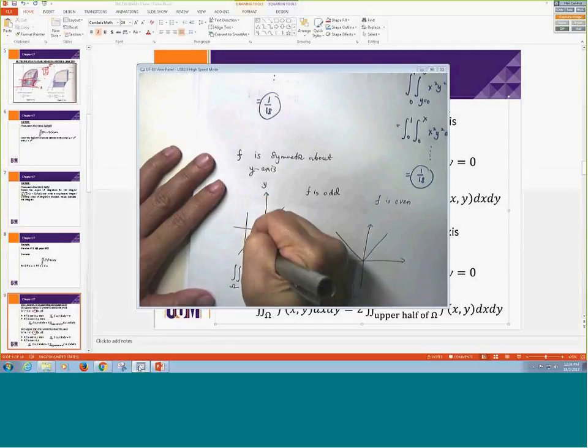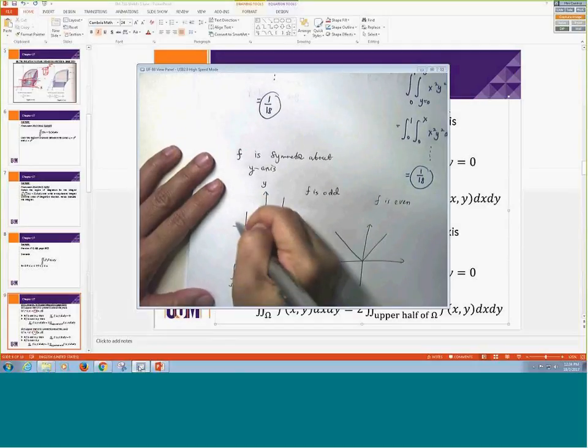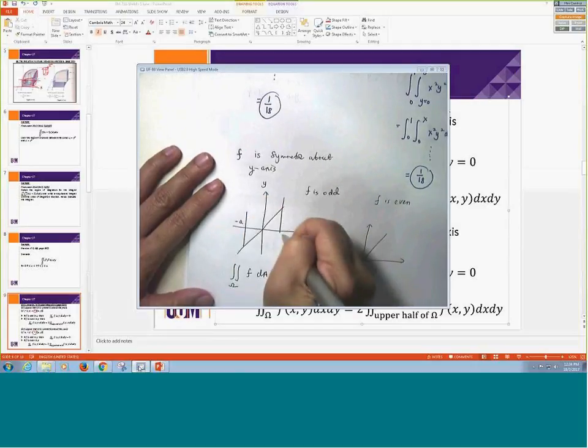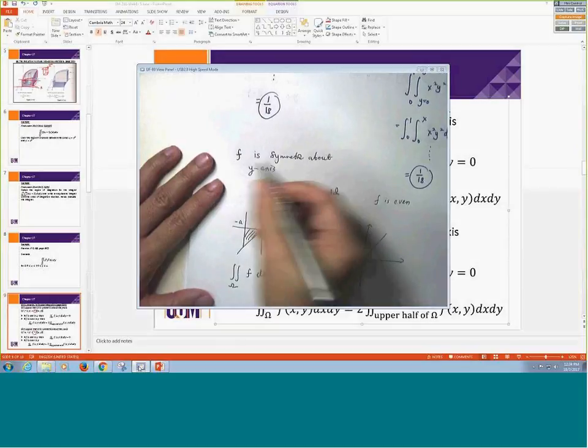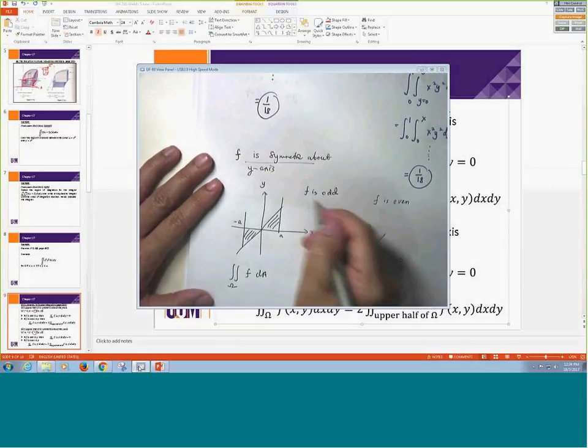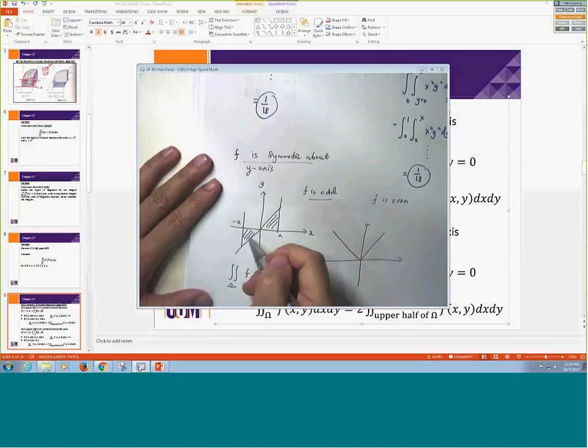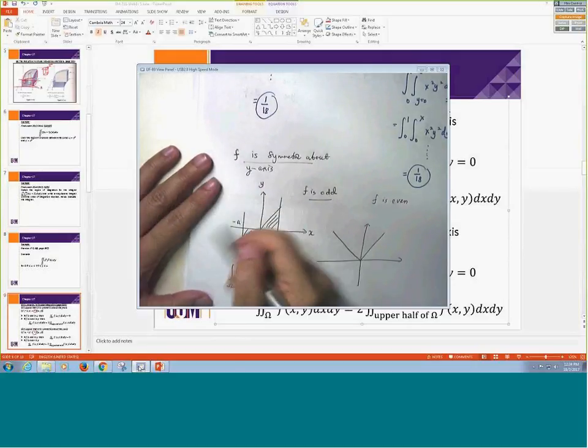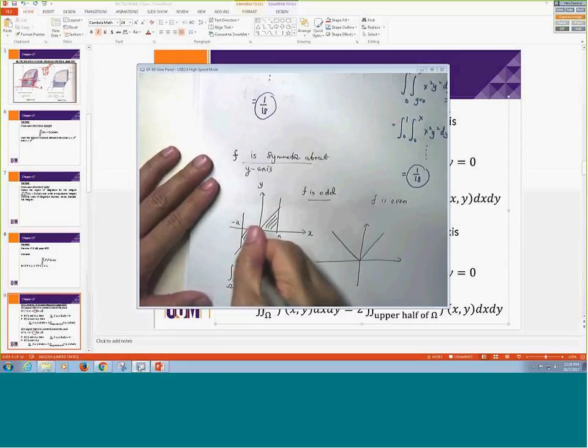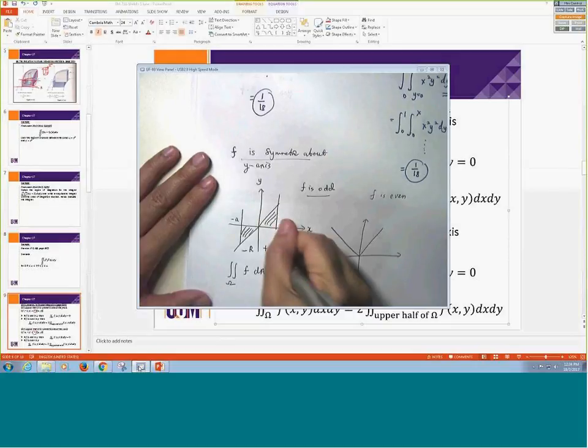If f is symmetric and it is odd, when you have the region here, if you didn't put the modulus, then it will be negative. So it's a negative area R plus the area R. That's why when you combine, you will get 0.